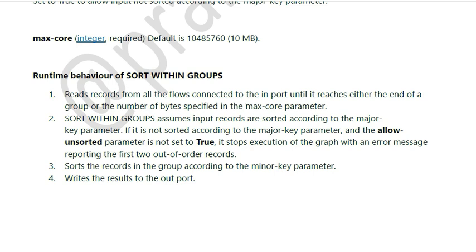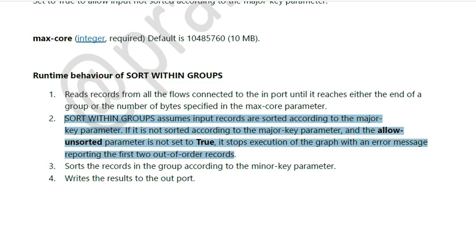In the second step, sort within group assumes that the input is sorted according to the major key parameter. If it is not sorted on the major key, then the allow-unsorted parameter has to be true. It will check this, and if you have not set it to true, then the execution will fail and tell you that an out-of-order record is coming.